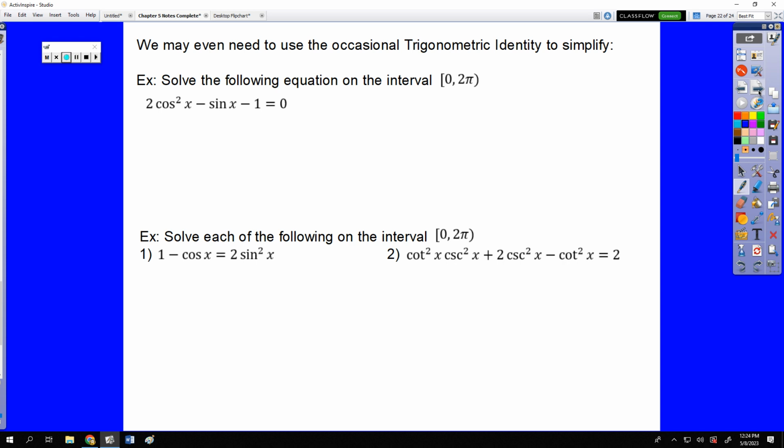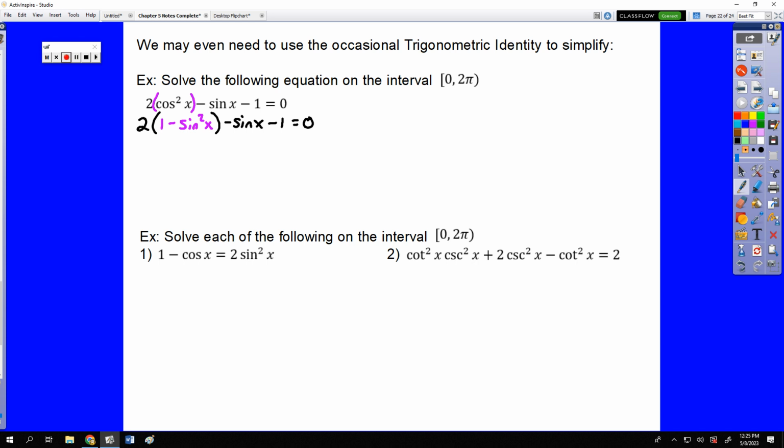Well, the cosine is squared, which means we can turn this entire equation to be in terms of sine if we take the cosine squared out and replace it with its Pythagorean identity equivalent, which is 1 minus sine squared. Everything else in that equation would stay exactly the same. We would just replace cosine squared with 1 minus sine squared.